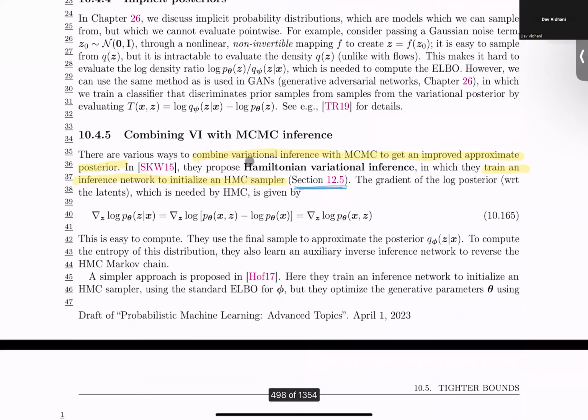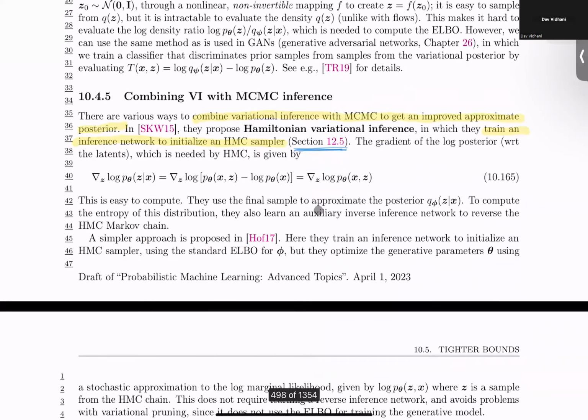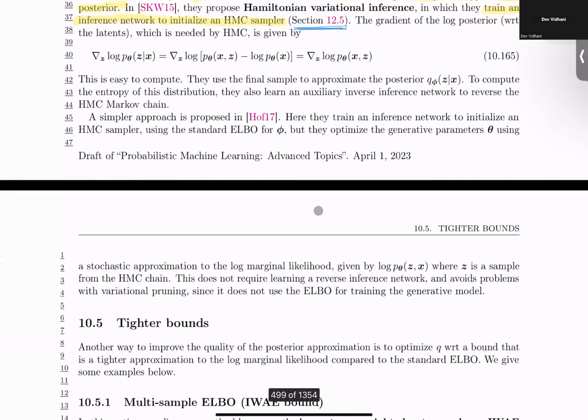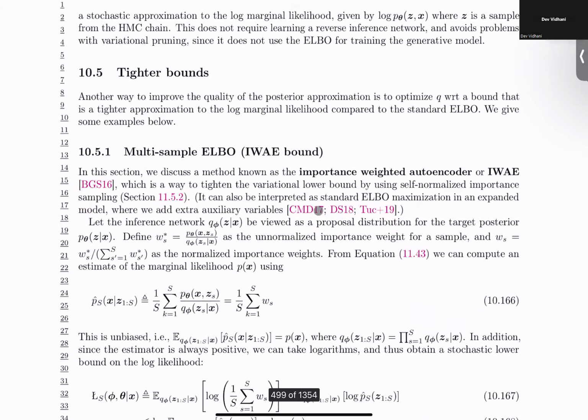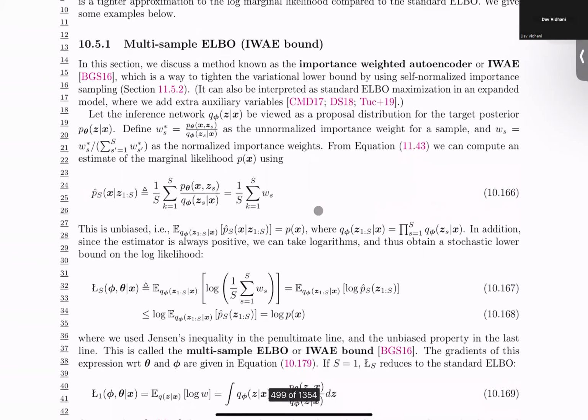I know that Ranjit asked a question about sampling techniques, so this is where, again, we'll talk in chapter 12 about this as well, combining VI with MC inference. And I think this was one of the pet questions from Janine. I'm sorry, I forget the name, but one of the persons who used to attend.